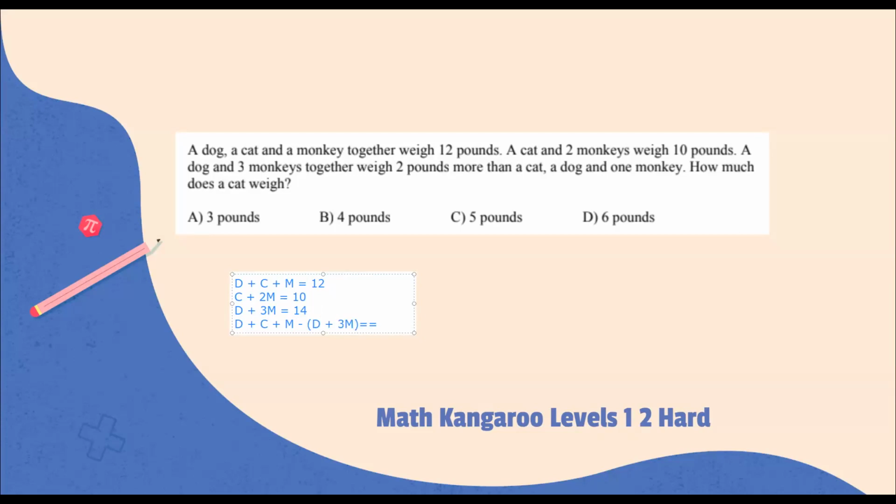What we get is no dogs. We would get 1 cat, and we would have negative monkeys, right? We would have minus 2M. Now, what does this look really similar to?